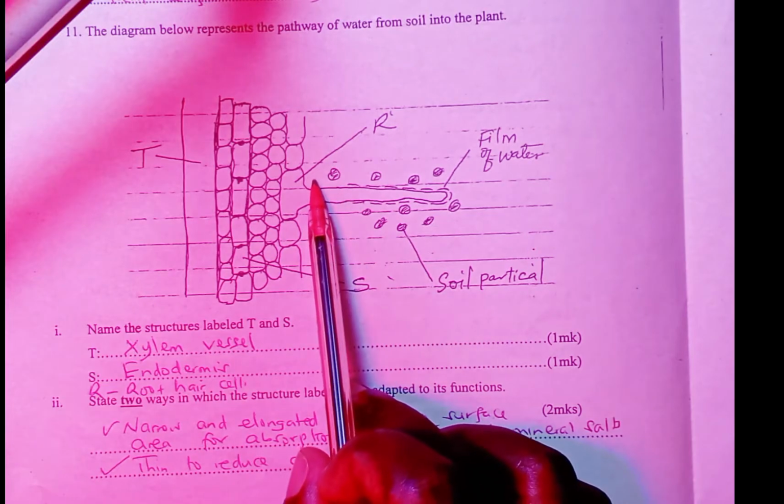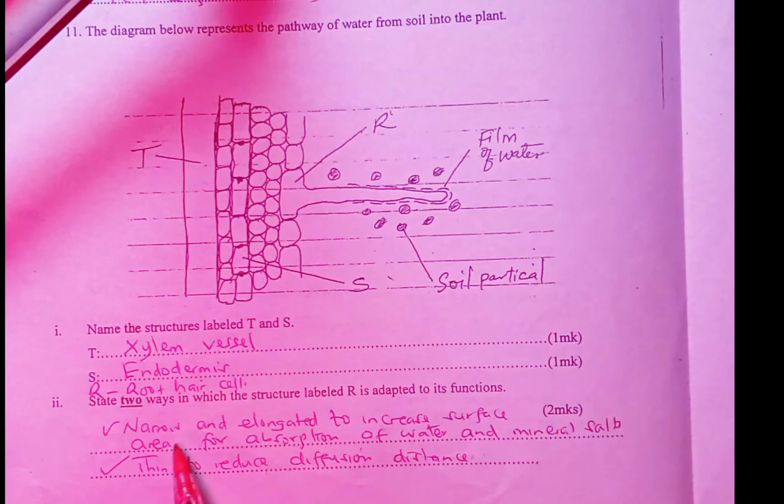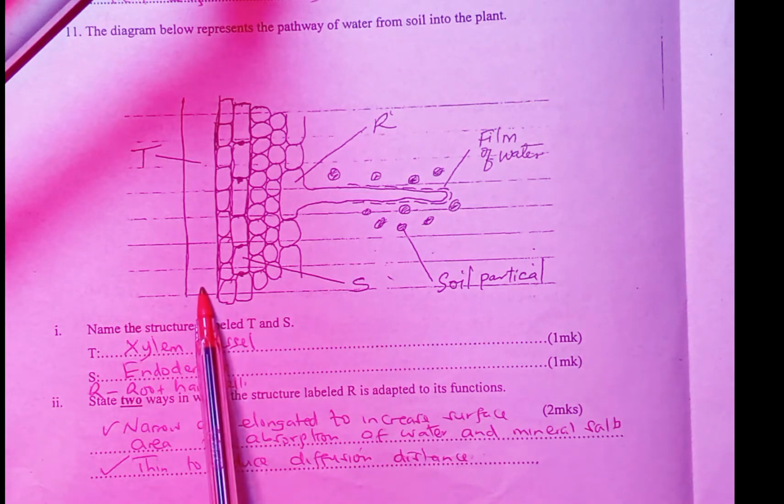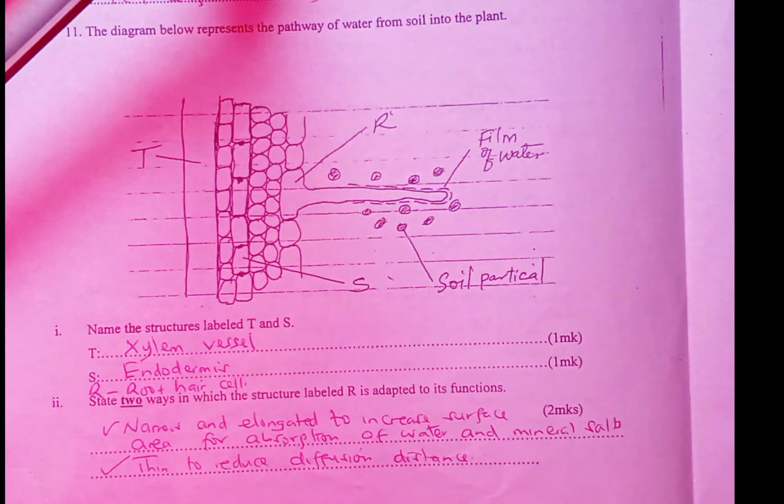We have already mentioned that R is our root hair cell, and number one, it is narrow and elongated to increase the surface area for absorption of water and mineral salts, and number two, it is very thin to reduce the diffusion distance, that is the distance moved by water molecules before they reach the xylem vessels where they are conducted up the plant. We move to question number 12.